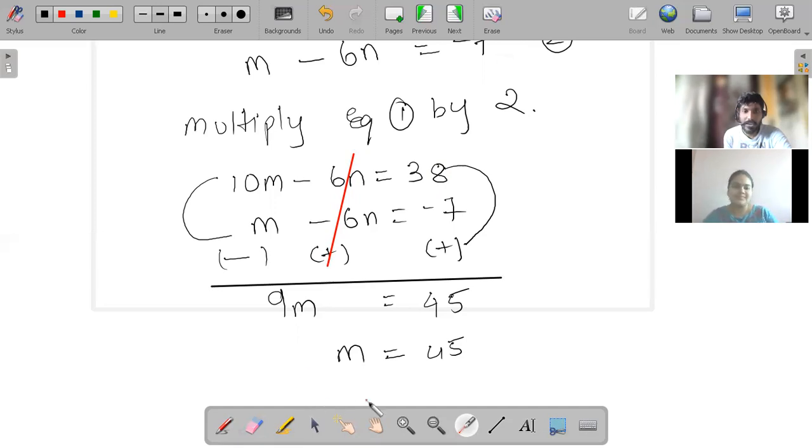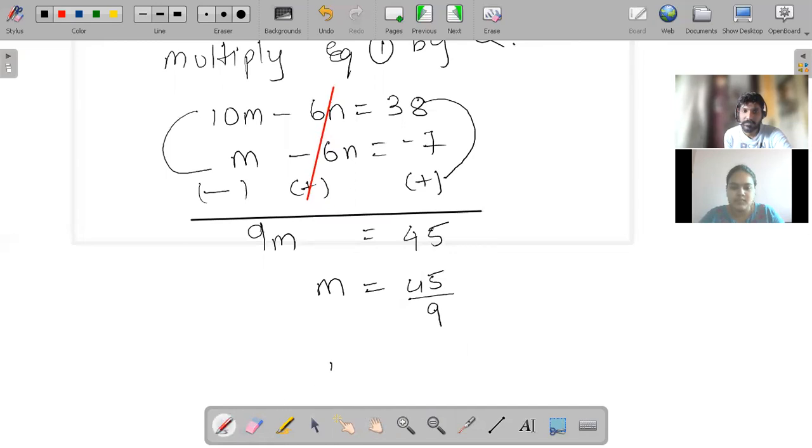So m will be equal to 45 upon 9. How much is 45 divided by 9? 5. So the value of m is 5.